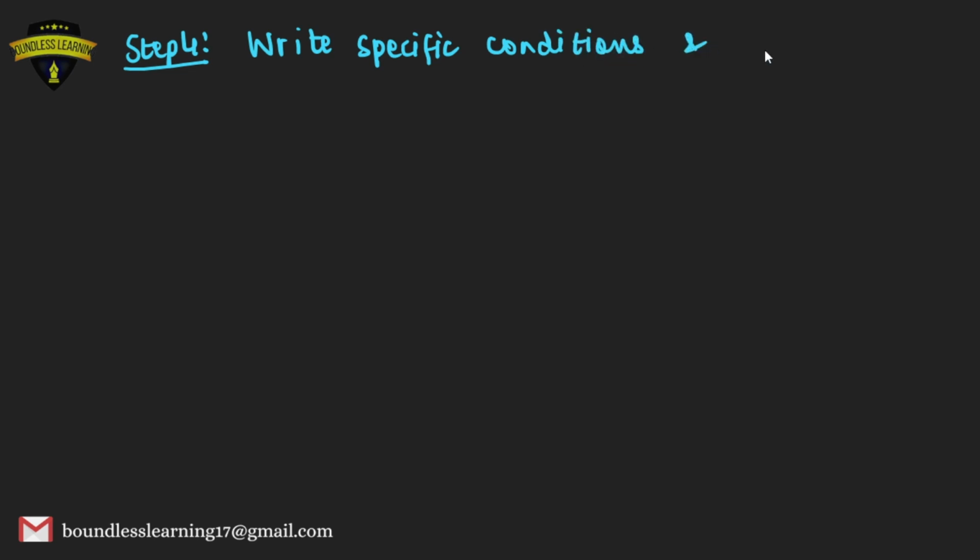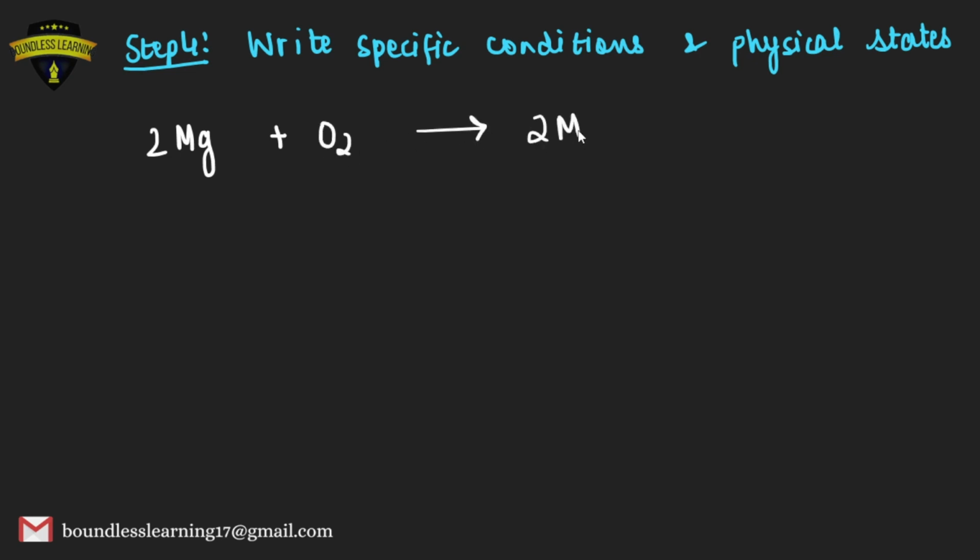This is my balanced chemical equation. The next step is to make this balanced chemical equation more informative. To make it more informative, we'll write specific conditions on the arrows and physical states. We had the balanced chemical equation 2 Mg plus O2 gives 2 MgO.